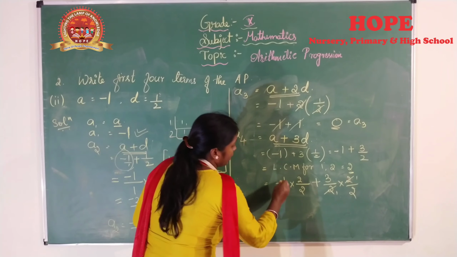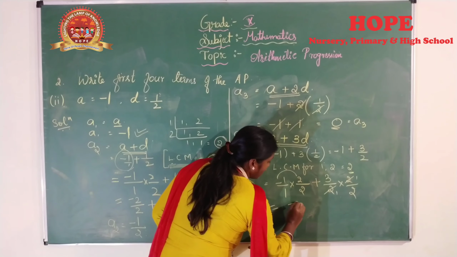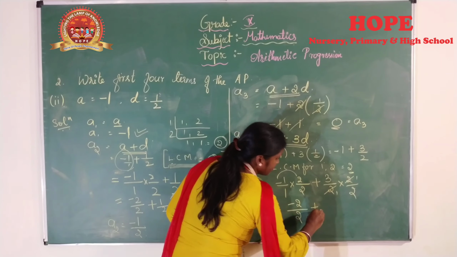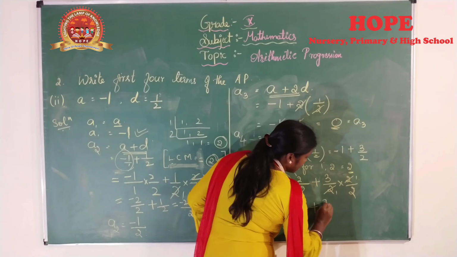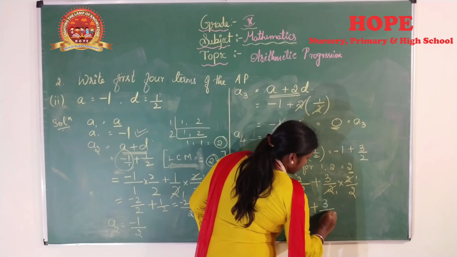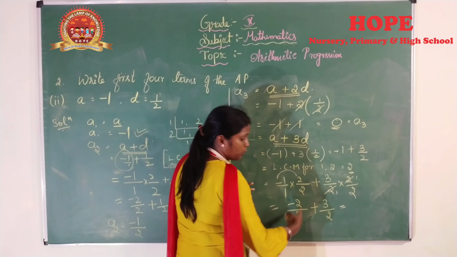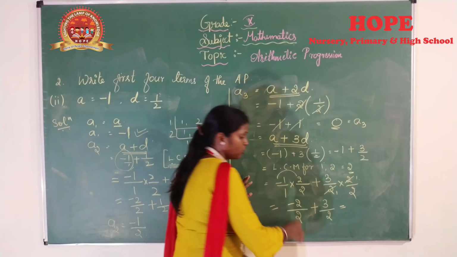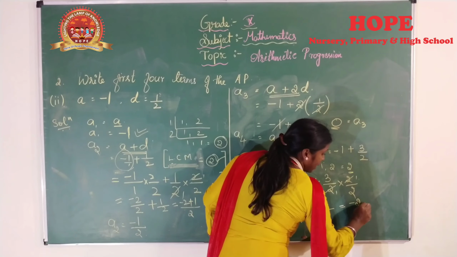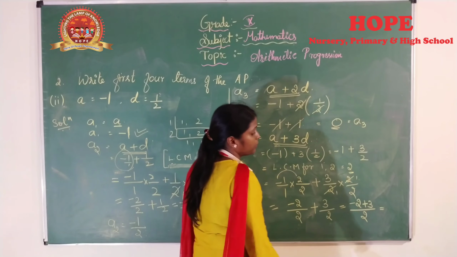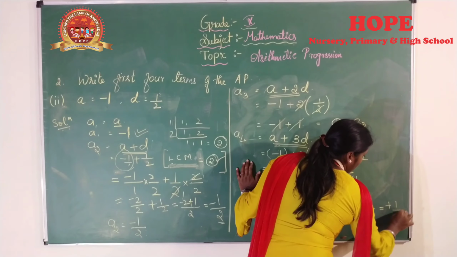Cancels out. And minus 1 into 2 is nothing but minus 2 by 1 2s are 2. Plus 3 1s are 3 by 1 2s are 2. We have got the common denominator, so we can add or subtract the numerators. So it will be like minus 2 plus 3 divided by 2, which is equal to plus 1 by 2.